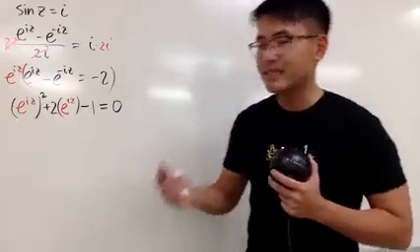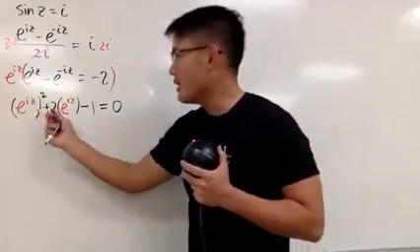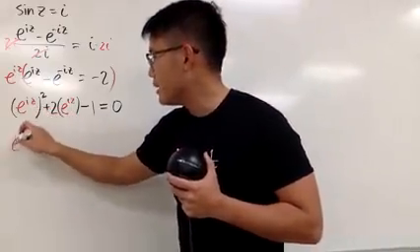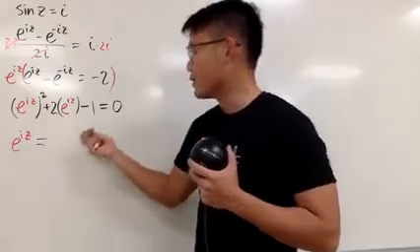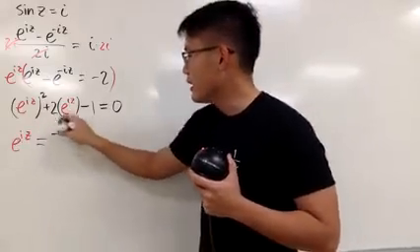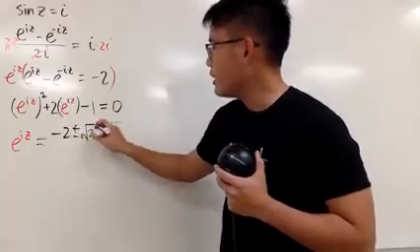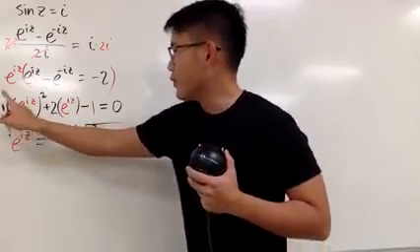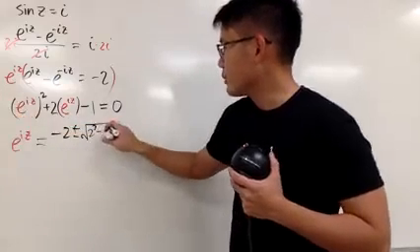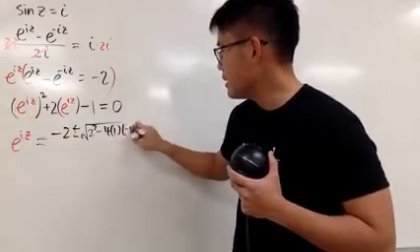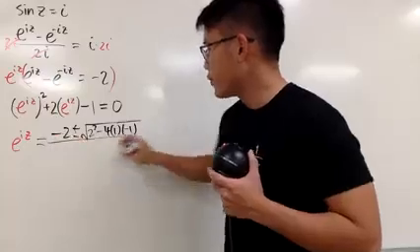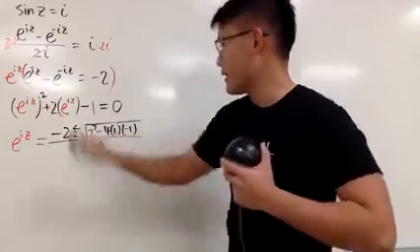So we can utilize the quadratic formula, and that will give us e to the iz like this equals, of course, we can just do a negative b, which is -2, plus minus square root of b squared, which is 2 squared, minus 4ac, which is 1 and -1, so I'll put on -4 times 1 times -1, over 2 times 1, like that.